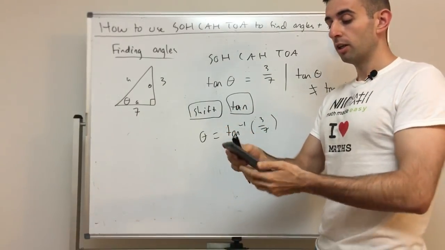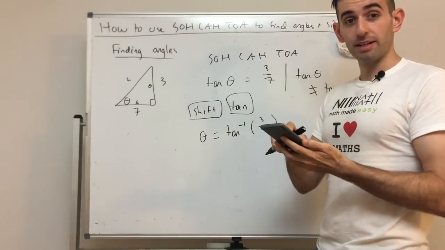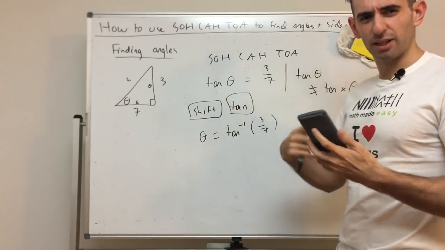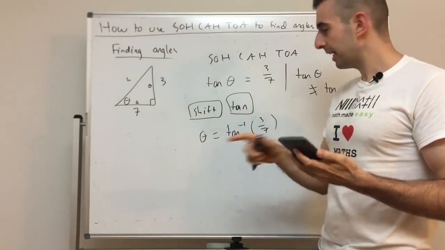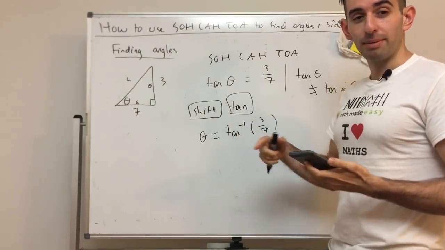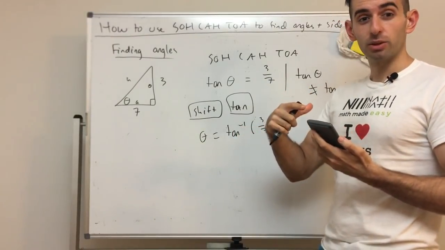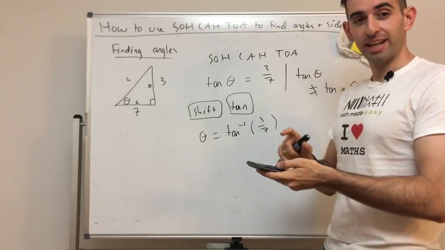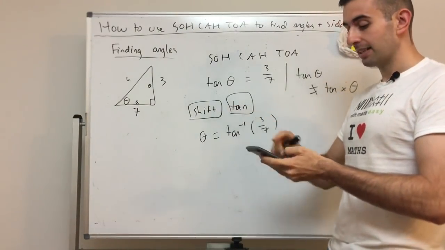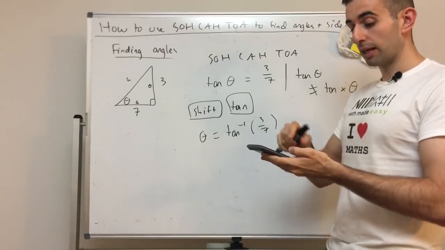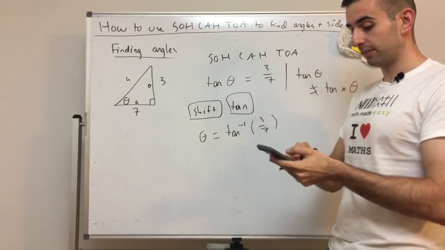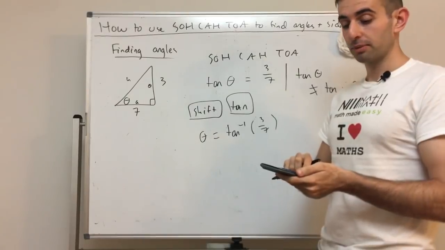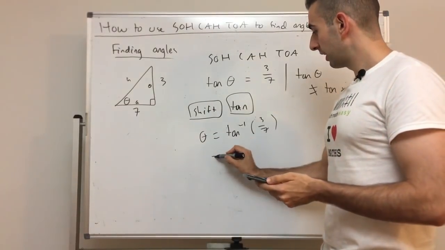So on the calculator, you'll see above the tan button, which I'll do a future tutorial on just how to do this properly, there's a tan to the -1. So what that means is tan inverse. So what it allows you to do is find the angle from the ratio. So on the calculator, we press shift, tan, then in the brackets, we will put the fraction 3/7, close the brackets, equals.